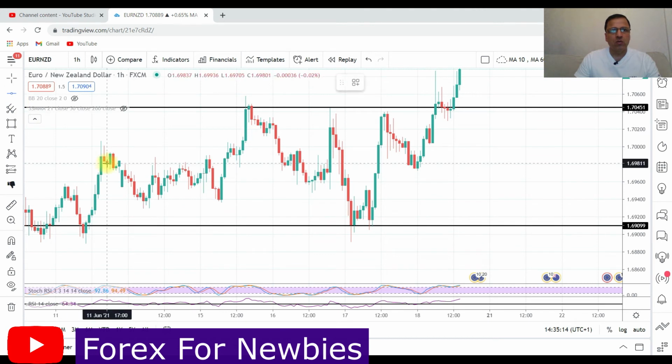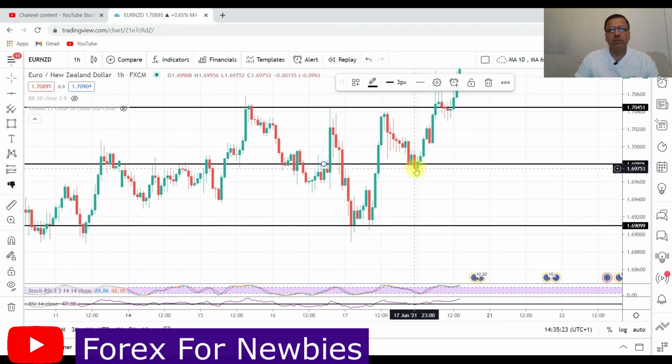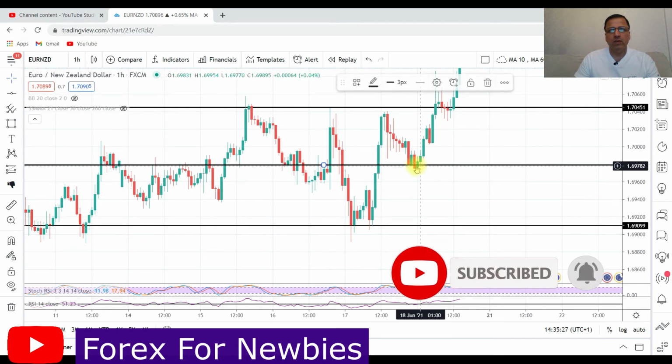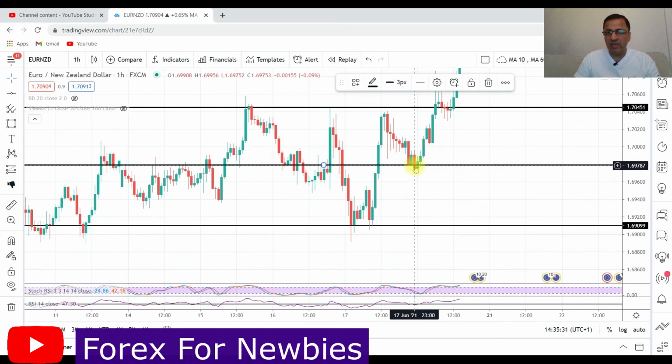Just keep in mind recent activity and put support or resistance lines according to that, and then this past area will be looked after anyway.